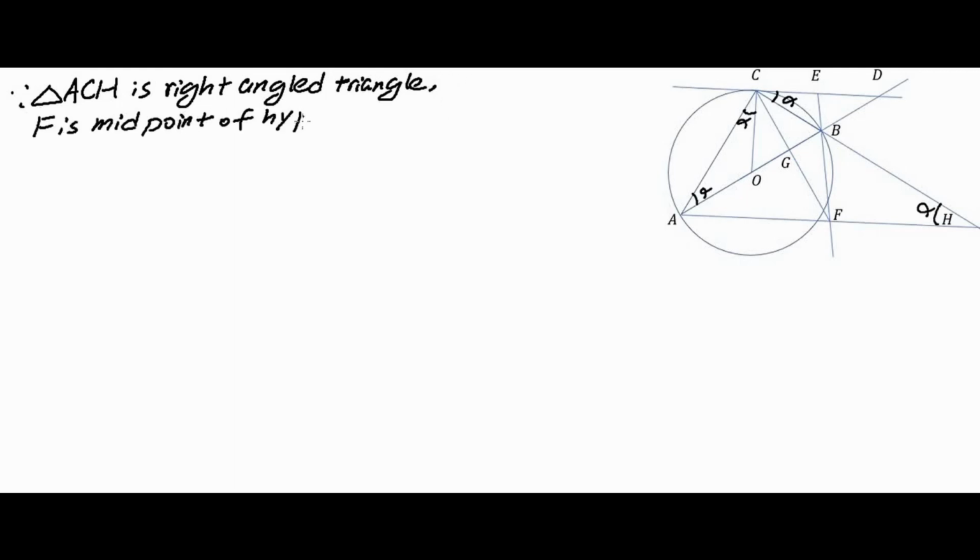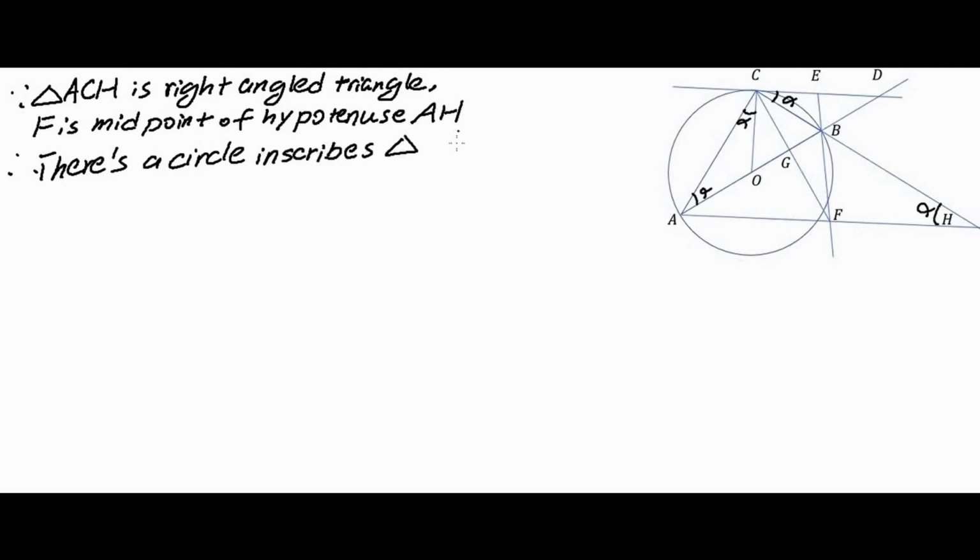This leads us to the final section of the solution. Observe that triangle ACH is a right-angled triangle, and using our previously proved result that F is the midpoint of its hypotenuse AH, we can apply the reverse of the inscribed right triangle theorem and show that there must be a circle that circumscribes triangle ACH, and it is centered at point F. This means that not only AF equals FH, but also equals FC, because they're all radii of the circle.